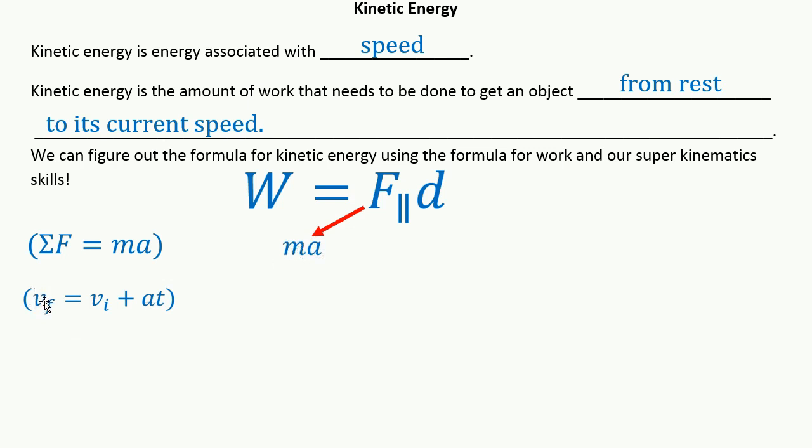This is sort of our first of the big three equations. And if I rearrange this for a, I get (vf minus vi) divided by t equals a. So let's put that in over here for a. Instead of a, I'm going to have (vf minus vi) divided by t. And then my m is still here, as usual.